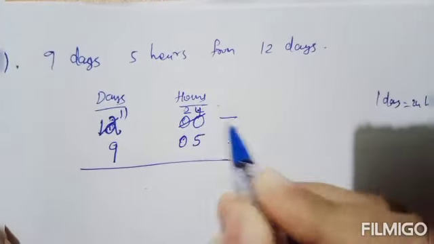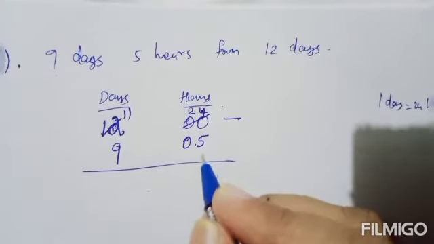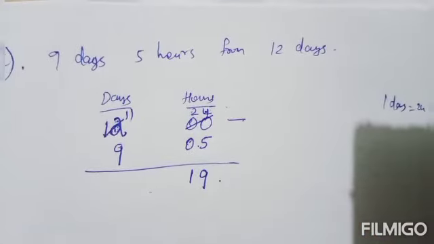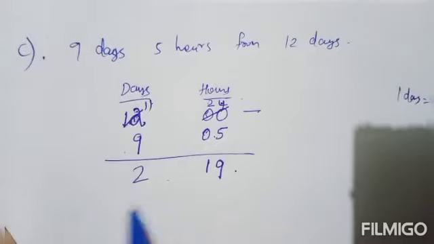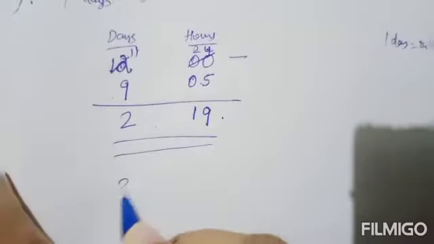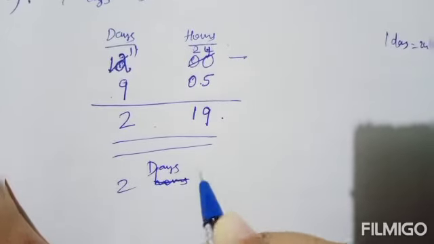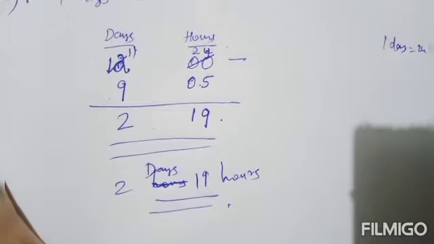Now from 24 you can subtract 5. 24 minus 5, you will get 19. Now 11 minus 9, it is 2. So the answer is 2 days 19 hours.